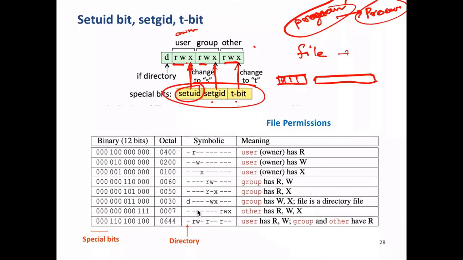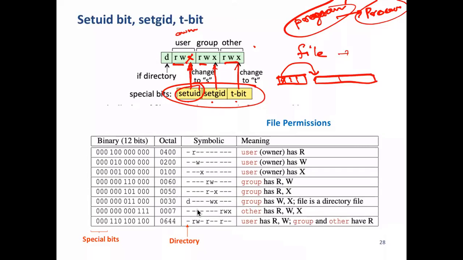The first bit corresponds to the owner of the file. At the time of execution, it's only at the time of execution, of that file or program, the ownership changes, right? So the effective user ID becomes something else.